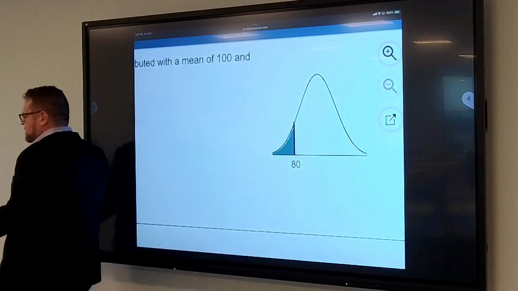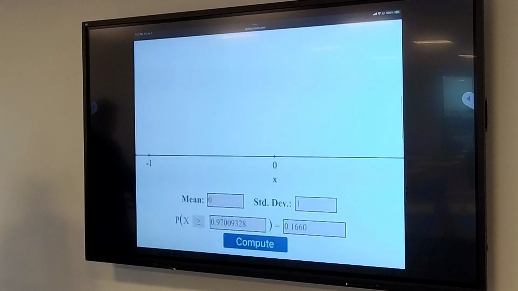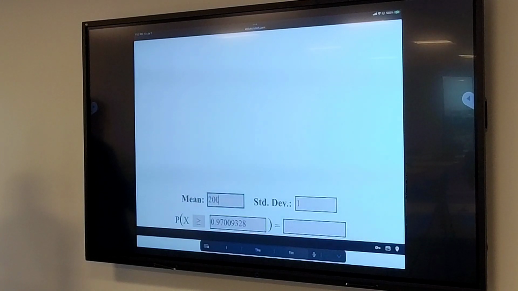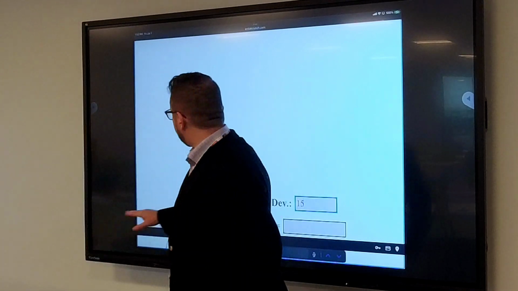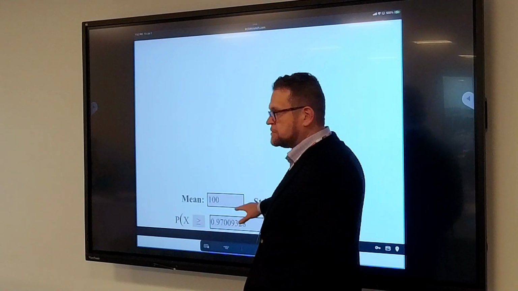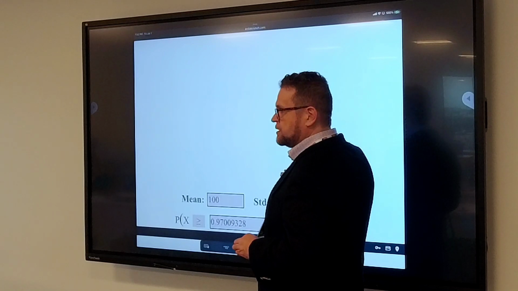Okay. So now I will go to my StatCrunch window, which, by the way, you can just leave open. You don't have to close it. You can just go back to it and modify the numbers. I give it the mean and the standard deviation. If we didn't have this feature, we would have to use a z-score: observed minus the mean over the standard deviation.